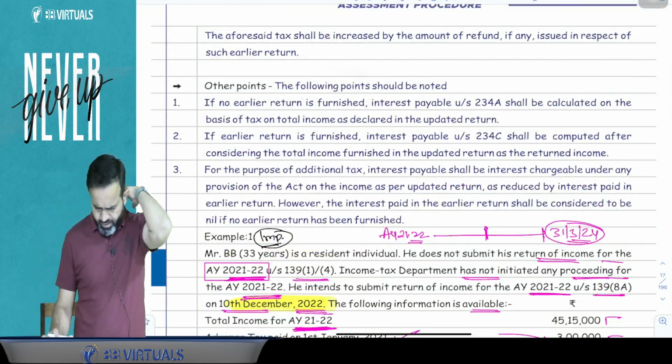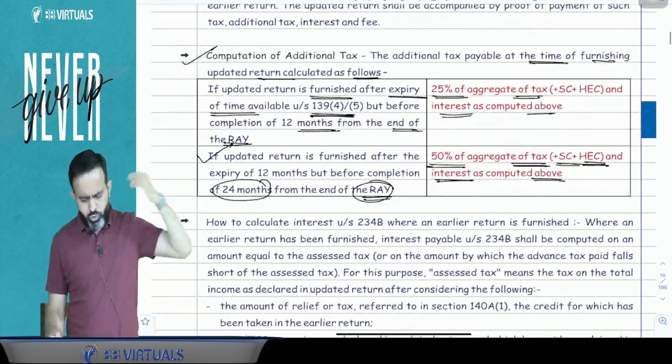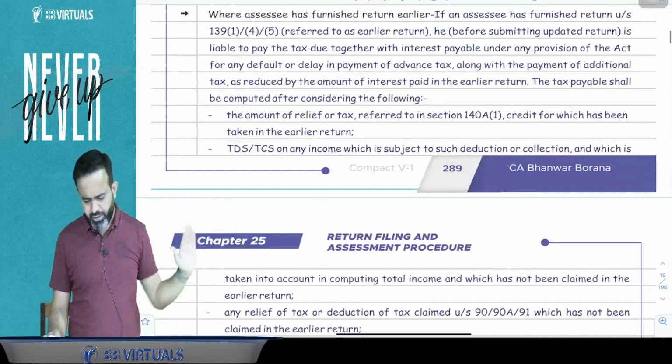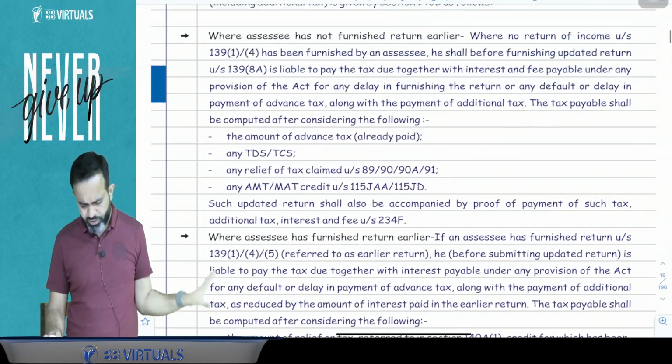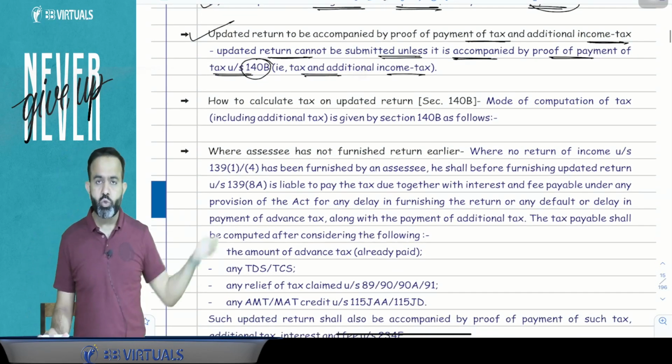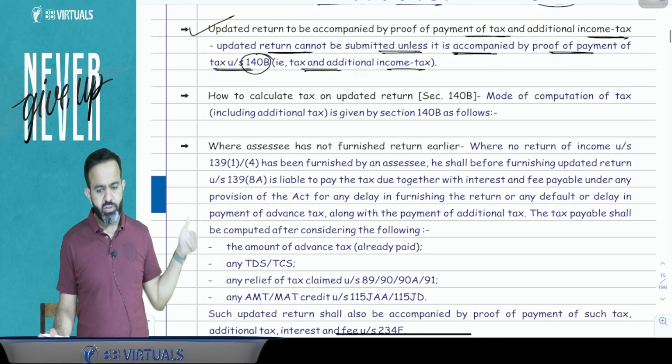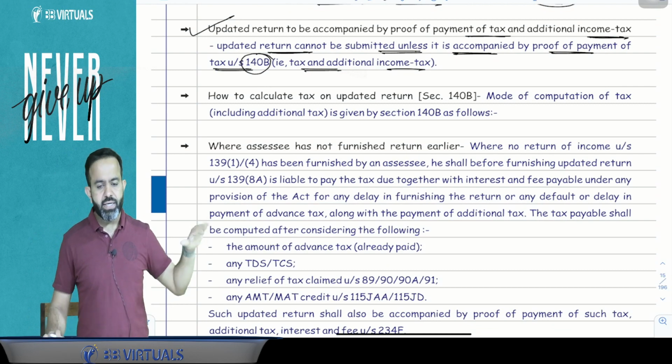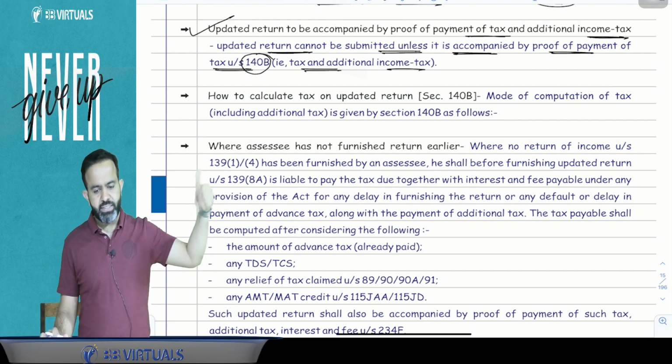Now guys, here they have given how to calculate 234B and all. If you skip it now, it's also okay, because we already covered this part through the example. If the assessee has not furnished the return, then the updated return is treated as your first return. And how to calculate the tax?